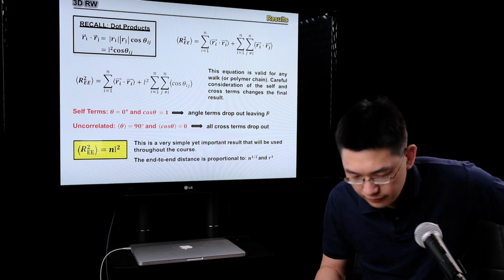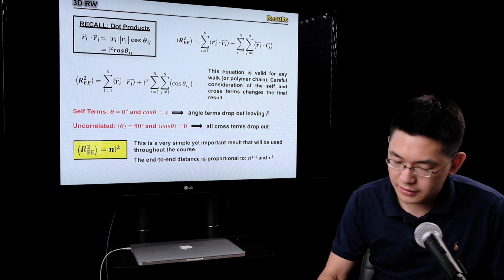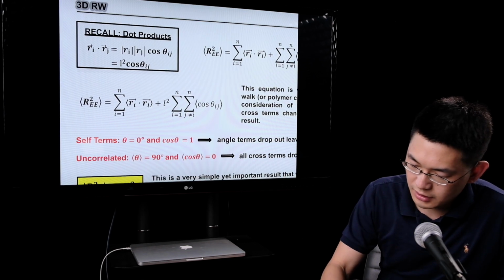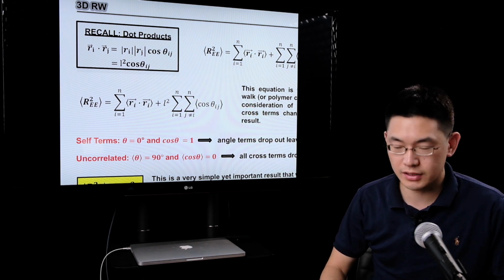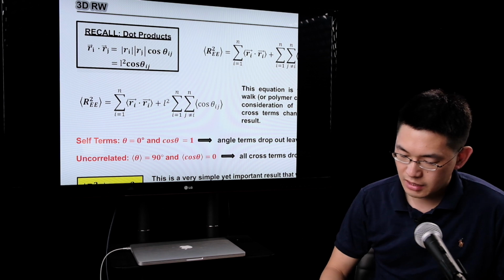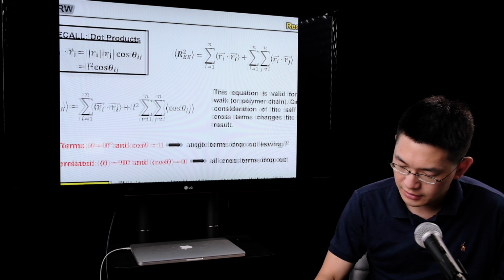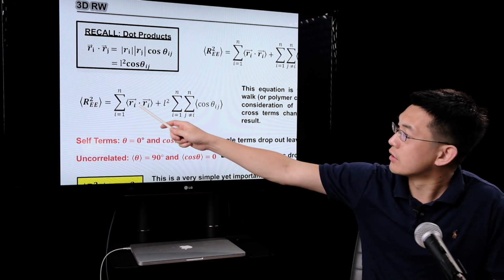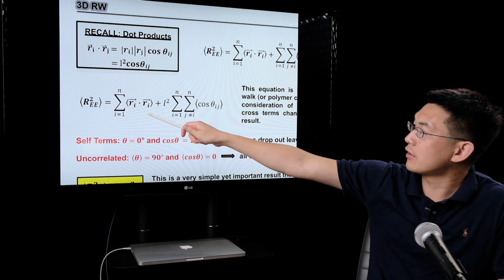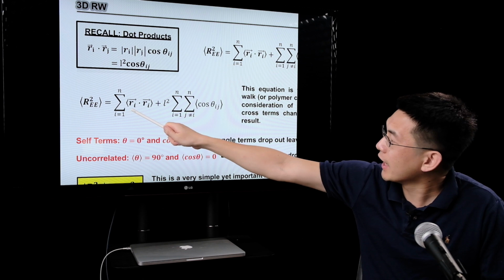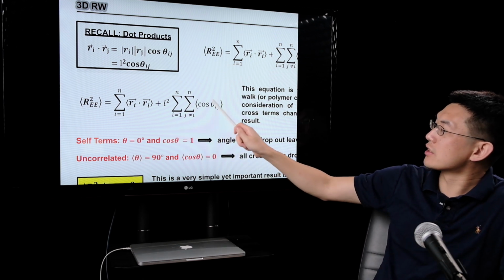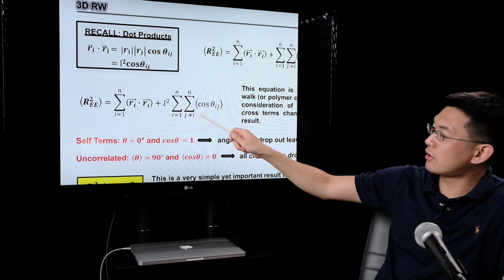Okay, so again, here we reviewed one more time what the dot product is, as shown here. This is the definition of the dot product, and that gives the two terms we define. First is the self term, which is equal to NL squared, and this is the non-self term, called the cross term.